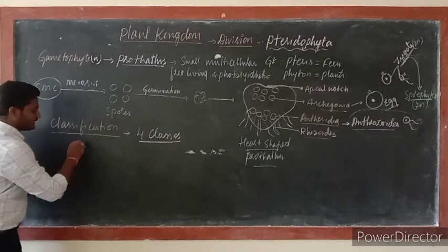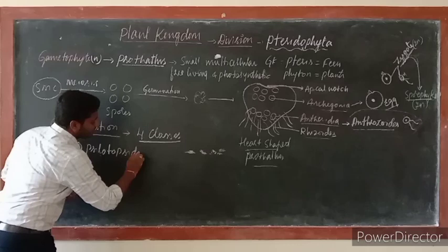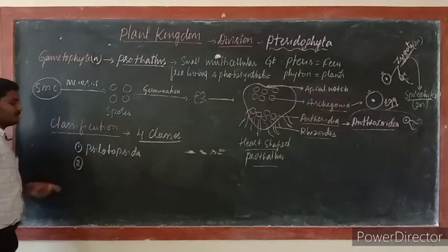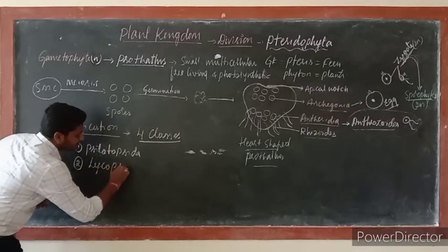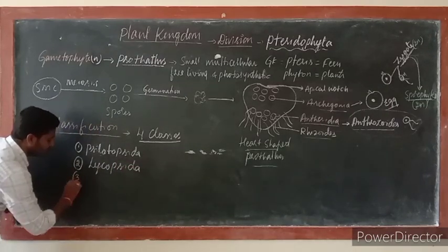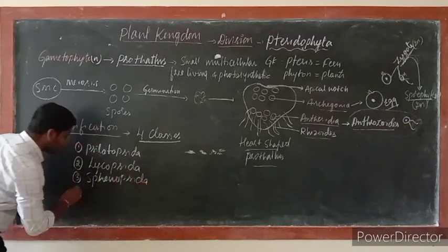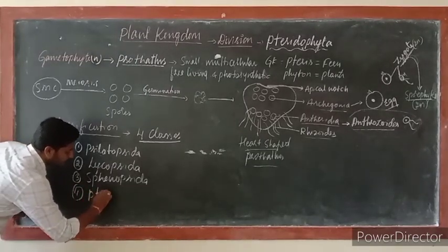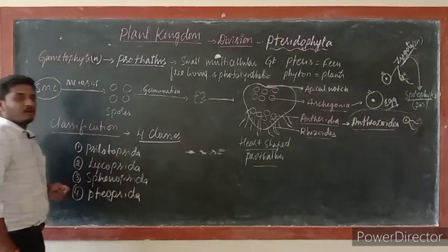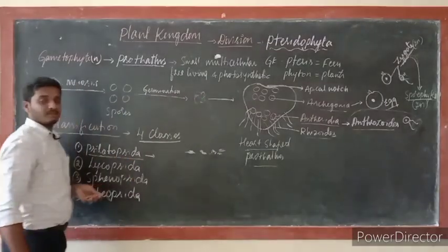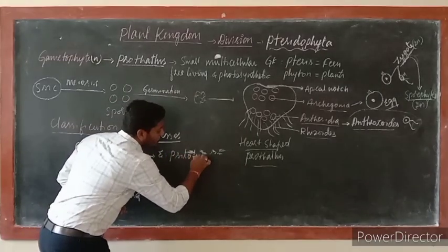Pteridophytes are basically classified into four classes. The first class is Psilopsida, the second is Lycopsida, the third is Sphenopsida, and the fourth is Pteropsida. Example for Psilopsida is Psilotum.